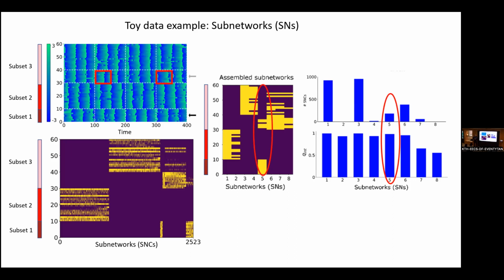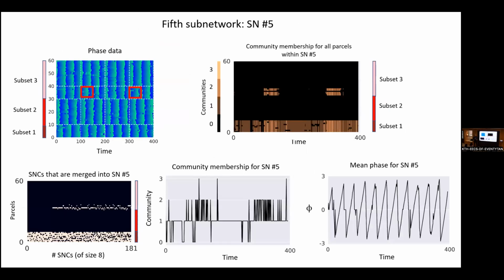But let's have a closer look at subnetwork number 5 here, which kind of encapsulates most of what's going on in this subset here, and see how that looks. So again, the data. And here you have the community membership for all parcels that are included in subnetwork 5.